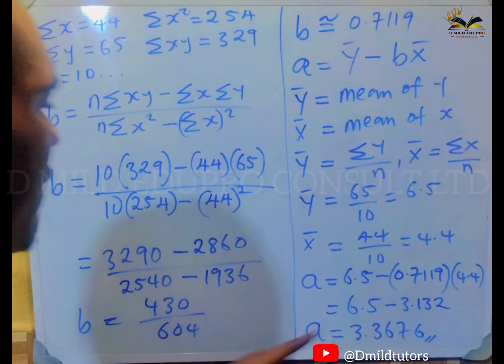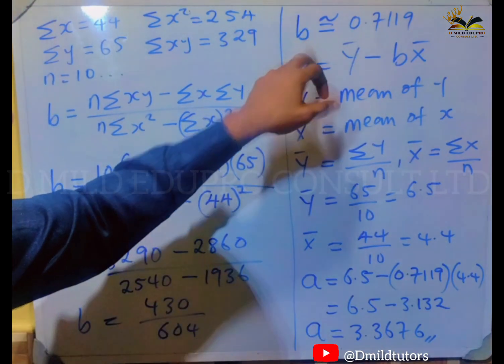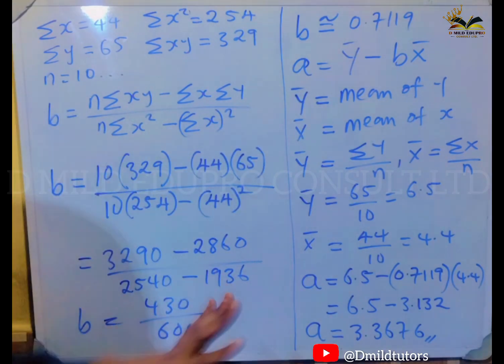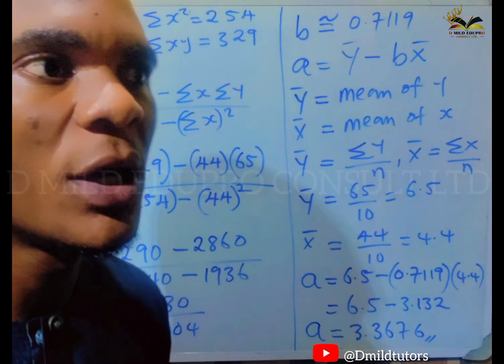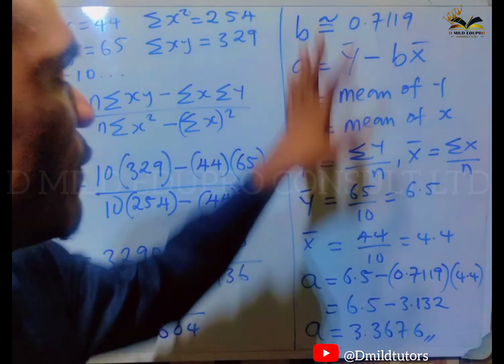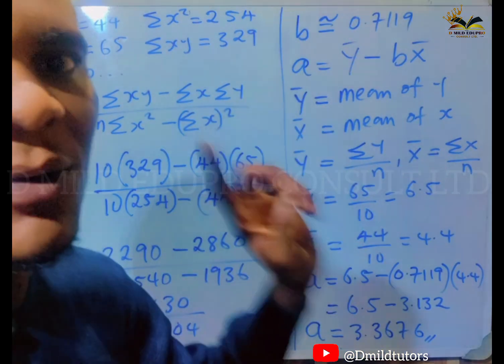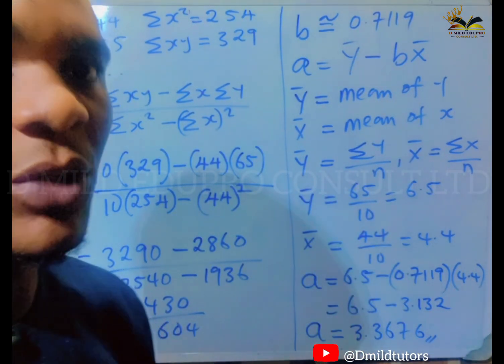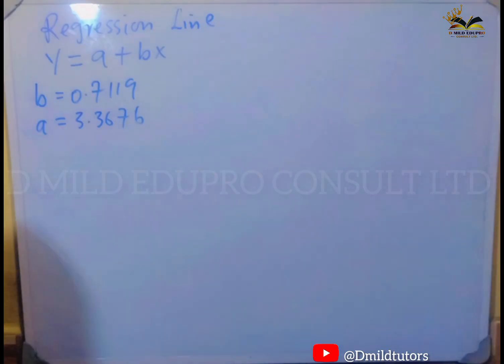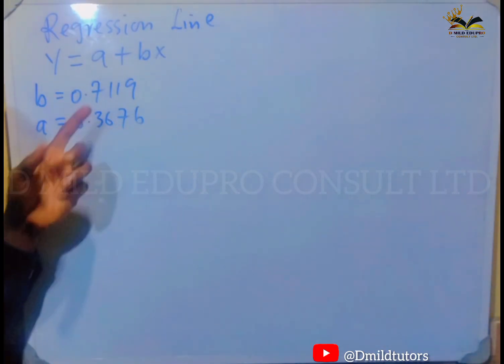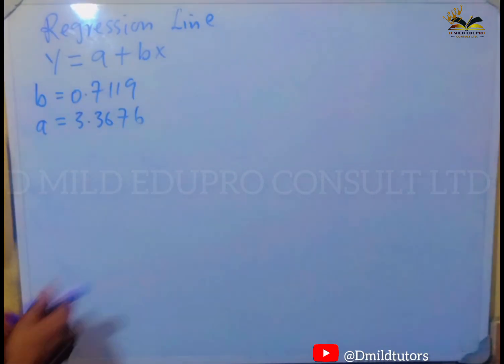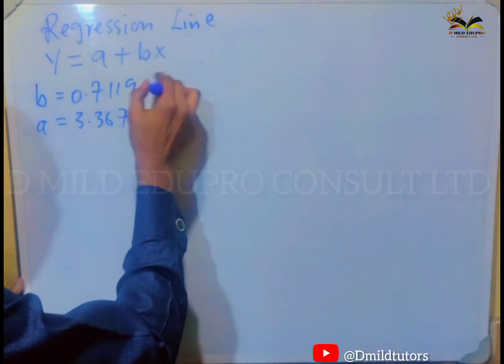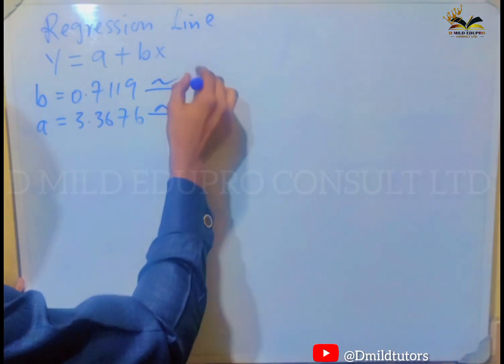Now we've gotten our value for A, we've gotten our value for B using all this. The next thing we're going to be doing now is to place all these values for A and B in our regression equation line. Is that okay? Now, these are the values we got for B and for A. So you can approximate to 2 decimal places or even to 1 decimal place.